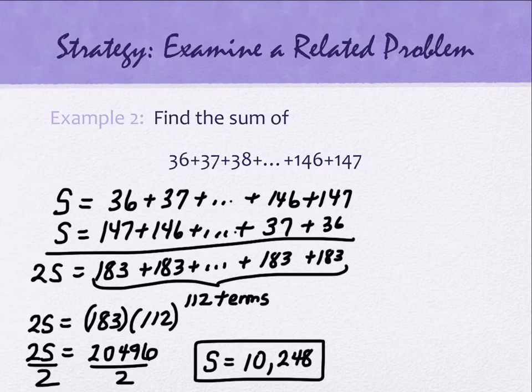Okay, so that's cool. But what if it did both? What if it skipped the terms like that and it didn't start at the beginning? That's trickier. And here's why. Let me give you an example. Just some numbers, that is. Let's say we had this one. 5, 7, 9 up to 53.